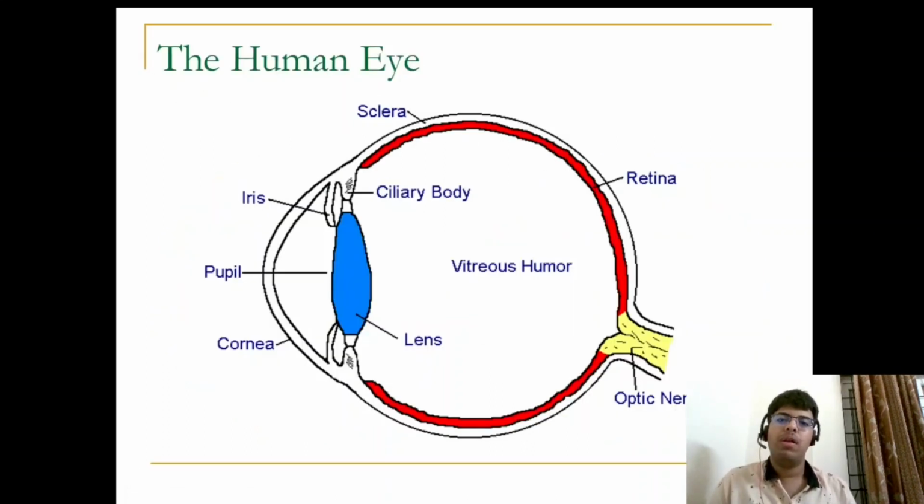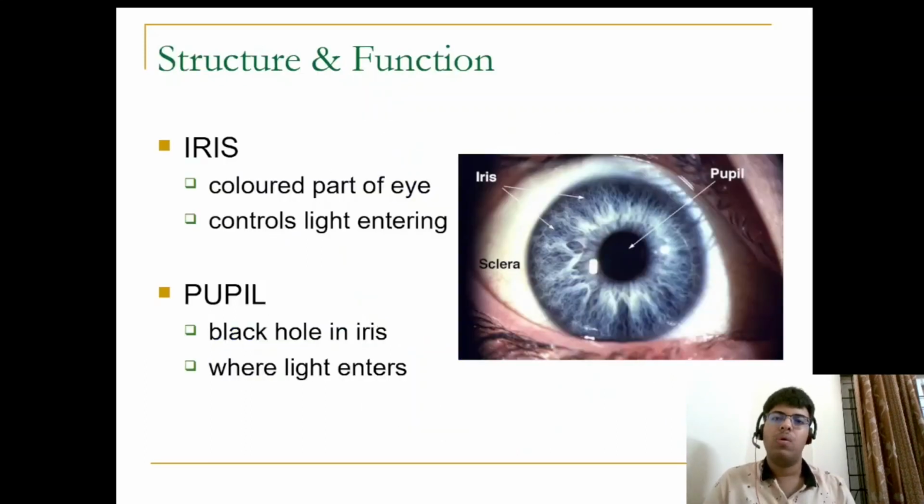Now, beginning our topic, this is the basic structure of our eyes with parts labeled below, like the lens, iris, pupil, cornea, optic nerve, retina, etc. Starting with the structure and function, the first part is the iris.